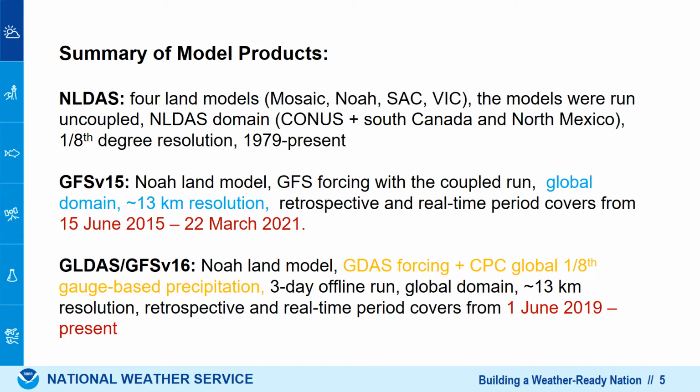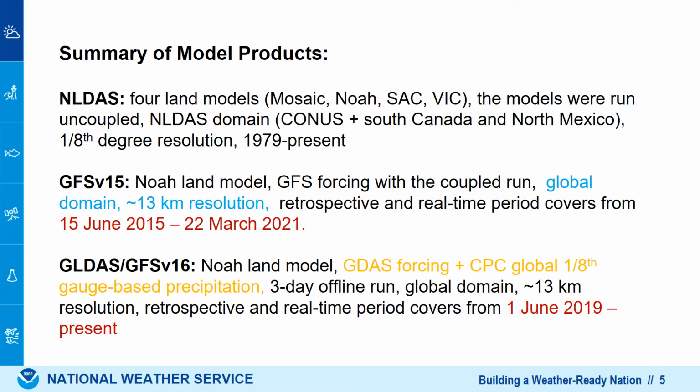This slide gives you a summary of model products. NLDAS includes 4 land surface models and runs the land models uncoupled for the NLDAS domain, including CONUS, South Canada, and North Mexico, in 1/8 degree resolution.